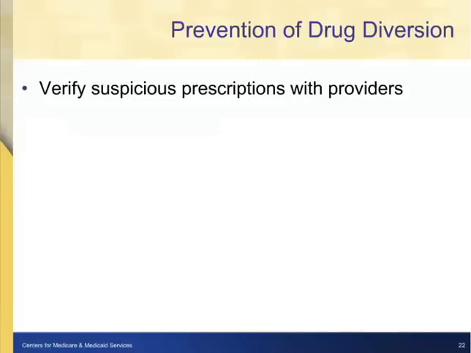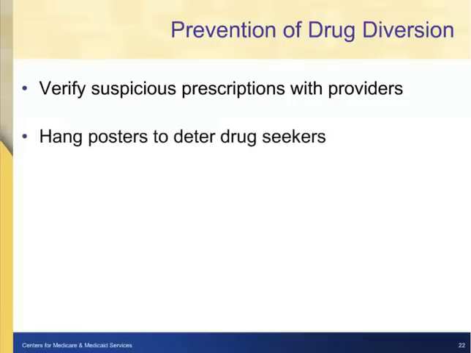Pharmacists may be able to discourage drug-seeking individuals by doing something as simple as putting up a poster from local, federal, or state civil agencies or law enforcement to show that perpetrating fraud against Medicaid and drug diversion activity are violations of the law and will be reported. It can also be helpful to display posters regarding the consequences of dealing in drugs illegally or robbing a pharmacy to obtain controlled substances.